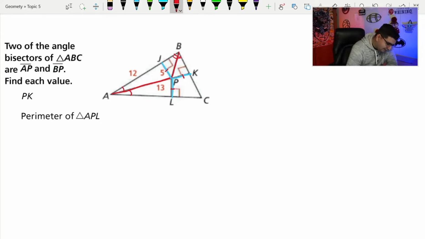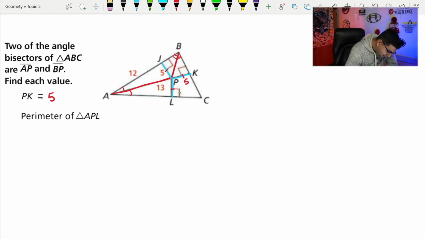The first question asks, what is the value of PK? Well, from P to K is the same as from J to P. All of those, even PL, have the same distance of 5. So I know PK is 5.